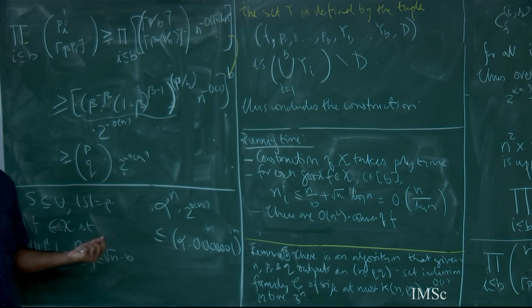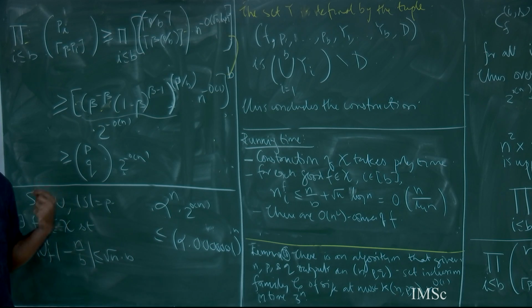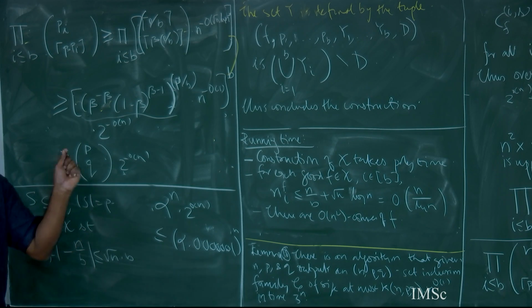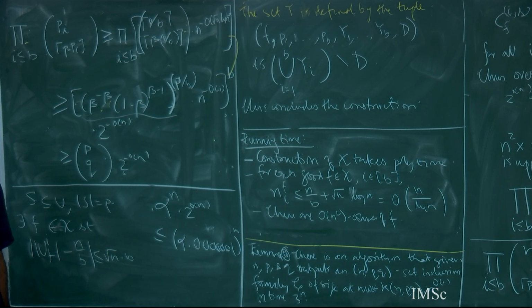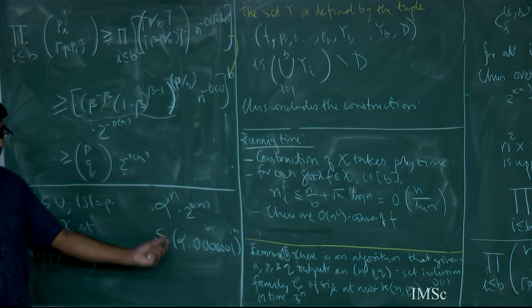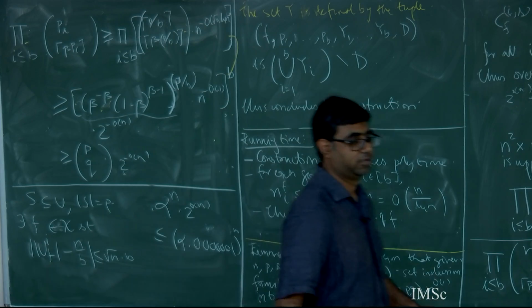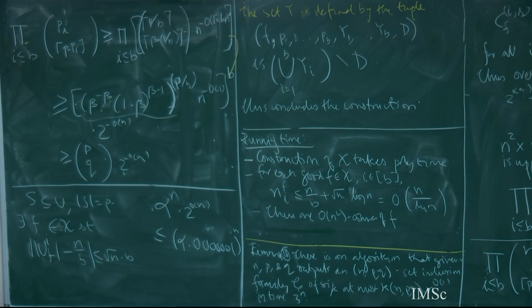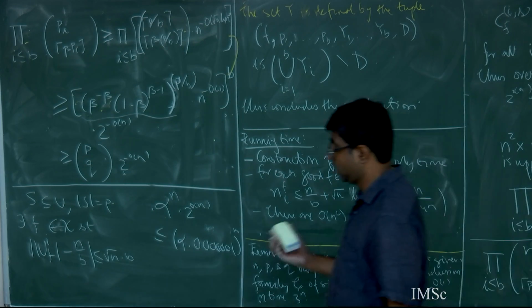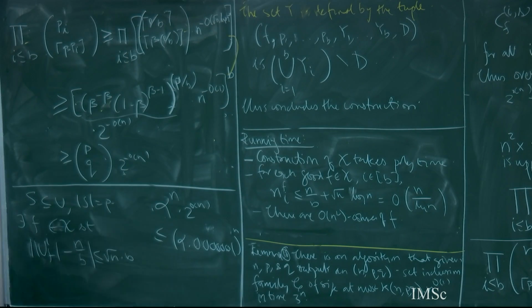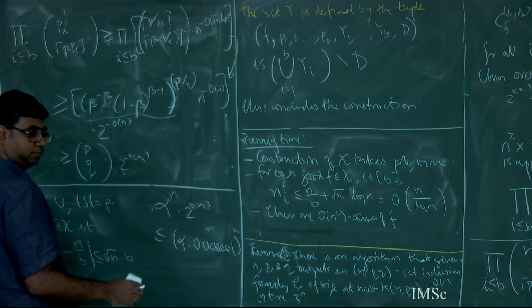If you're looking for a 1.356 to the power n algorithm, it's fine to have a 1.33666000001 to the power n algorithm, because this is upper bounded by this for n greater than some 10 to the power 10. It's okay, right? So you do not care. This is the freedom you give yourself to make things work, because if you do not give yourself that freedom, rest assured, you may not be able to construct them.